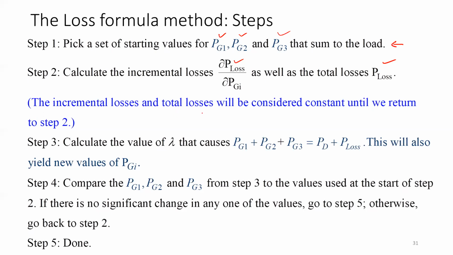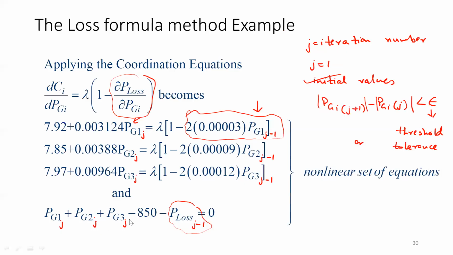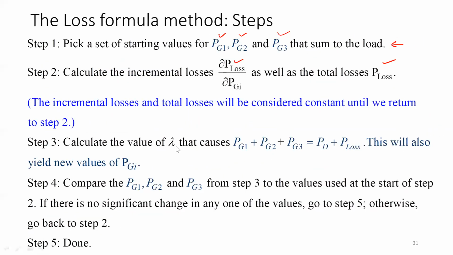The incremental loss and total loss will be considered constant until we return to step 2. Okay, forget about this. So calculate the value of lambda that causes PG1 plus PG2 plus PG3 to be equal to PD plus P loss. So you have this expression. So over here you have to calculate the value of your lambda. This will also yield new values of PGi.